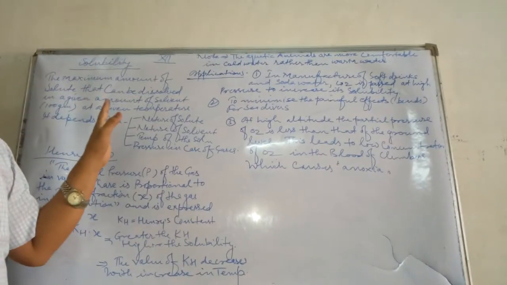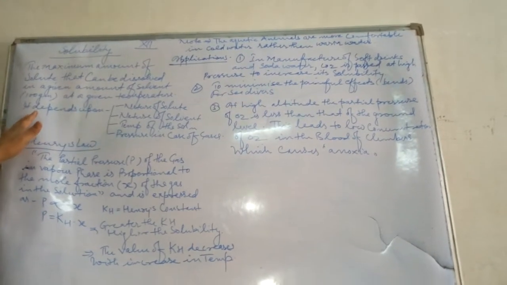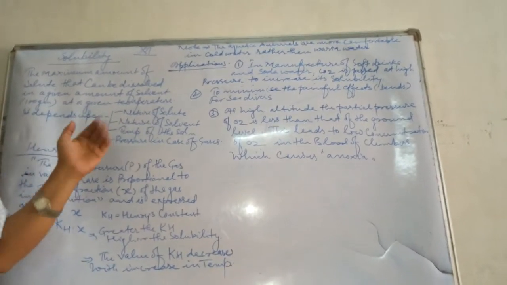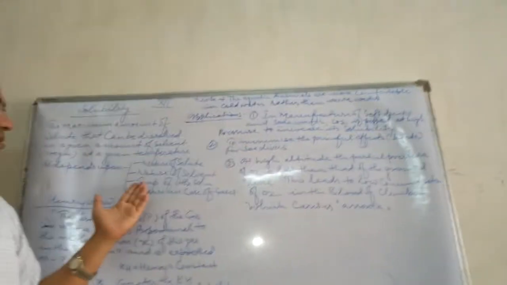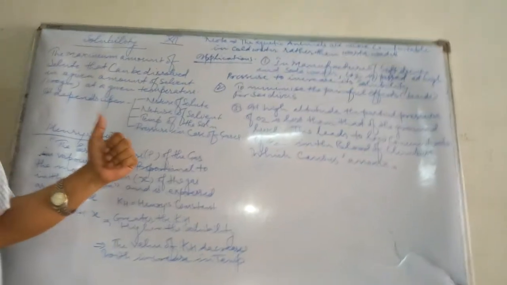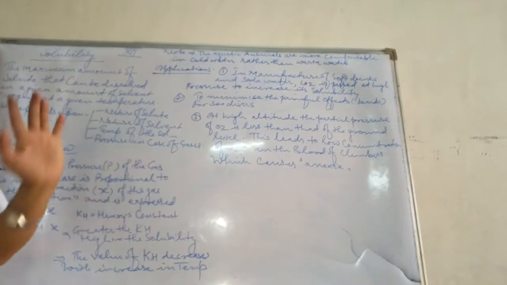But the amount of solvent is always taken as 100 grams for the consideration of solubility, and it depends upon the following 4 factors. The first factor is the nature of solute, the second is the nature of solvent, the third is the temperature of the solvent, and the fourth is the pressure in case of gases.